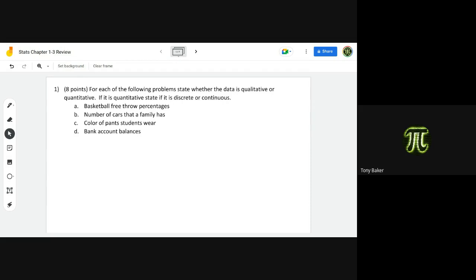If it is quantitative, state if it's discrete or continuous. So basketball free throw percentages, is that qualitative or quantitative? That is quantitative. Is it discrete or continuous? Continuous. That is continuous. So A is quantitative and continuous.